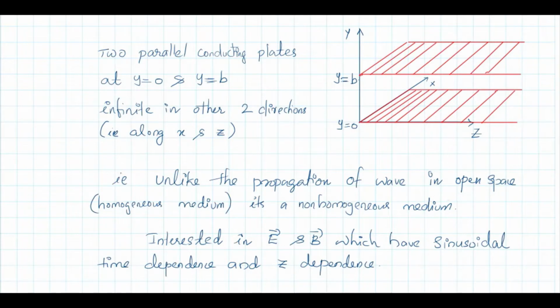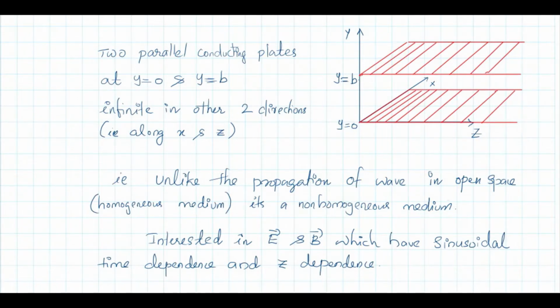So the behavior of electric and magnetic fields inside a conductor is different from the behavior of electromagnetic fields in a dielectric medium. So here we are assuming that in between these two metal plates, there is a dielectric medium which has a permeability mu and a dielectric constant epsilon.